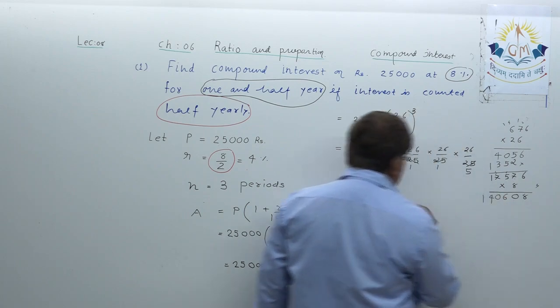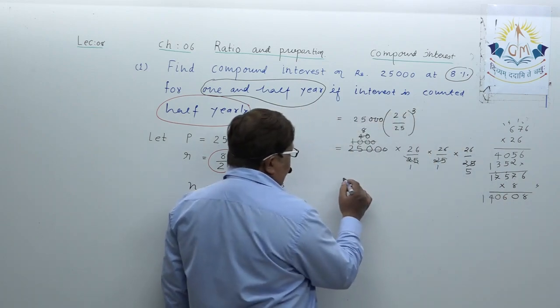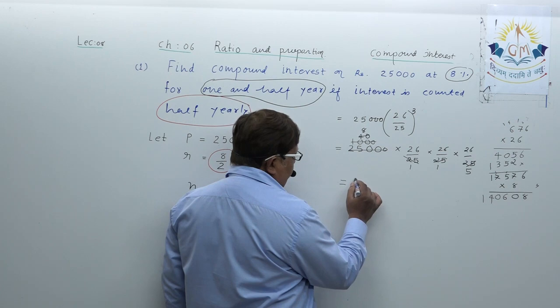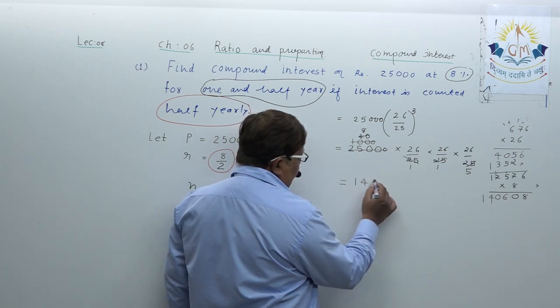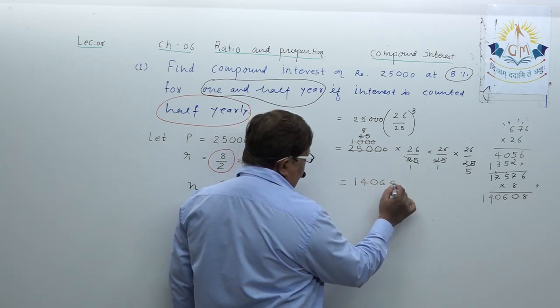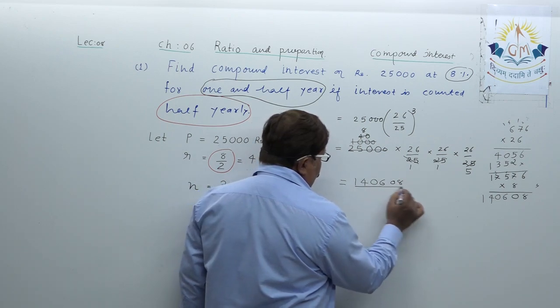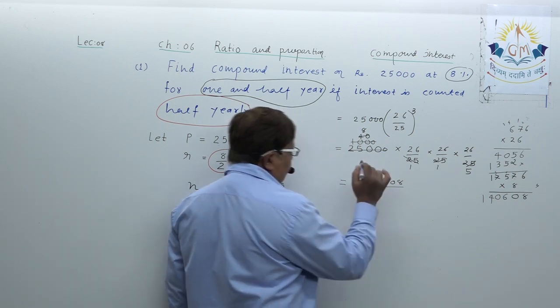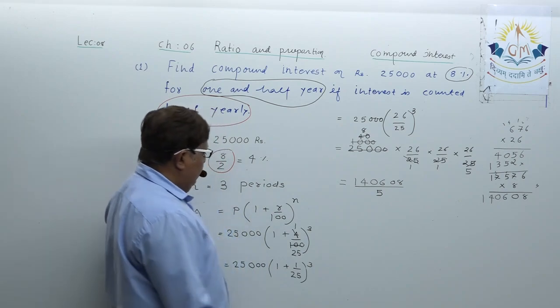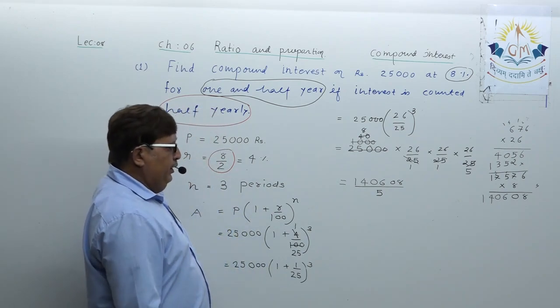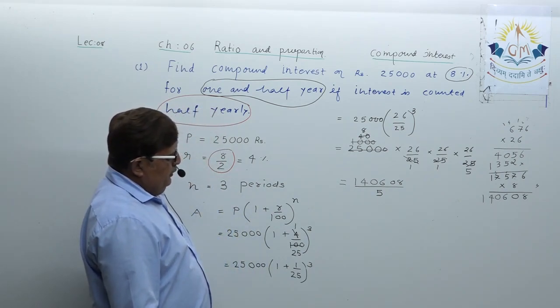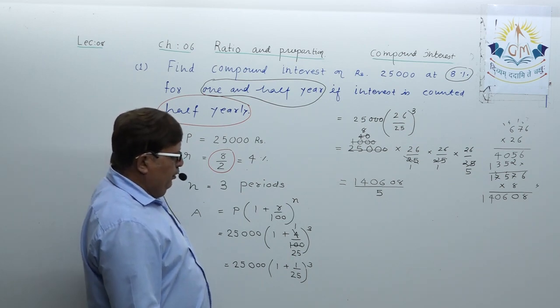This is, dear student, the final product of the numerator you got, 140608 upon 5. That is what we got.